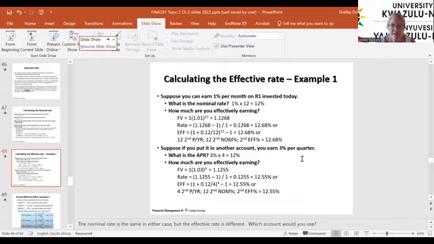Monthly in this case, quarterly in this case. And obviously, the more you compound, the greater m is, the greater will be your effective rate. So your effective rate increases as your compounding frequency increases.